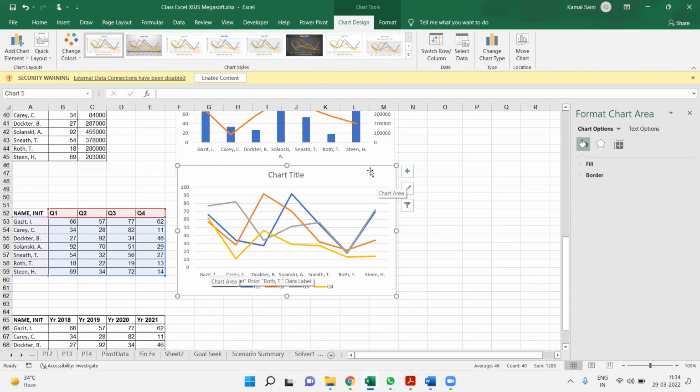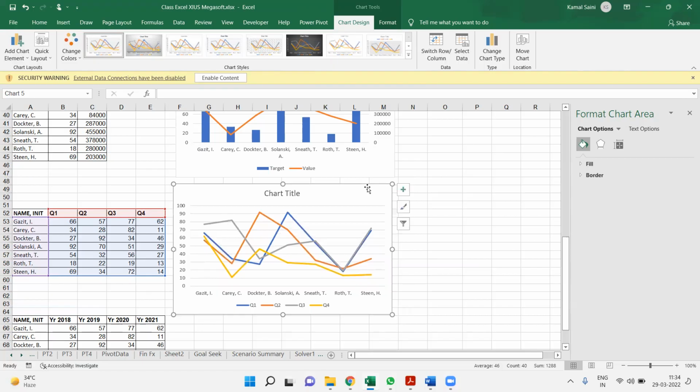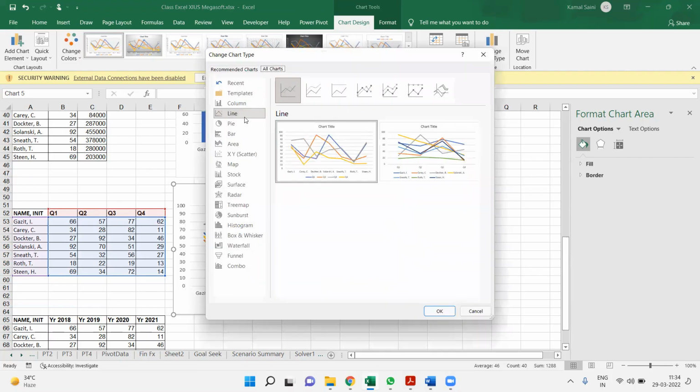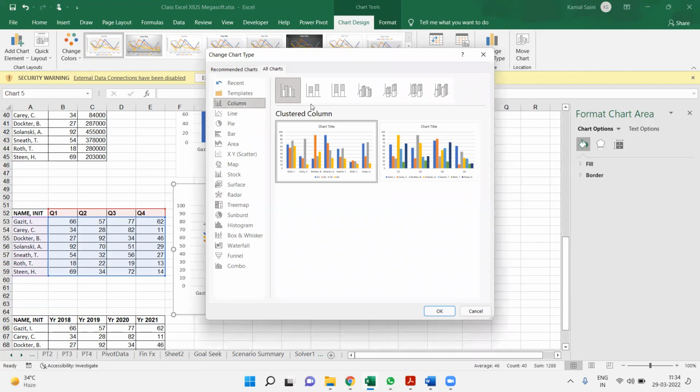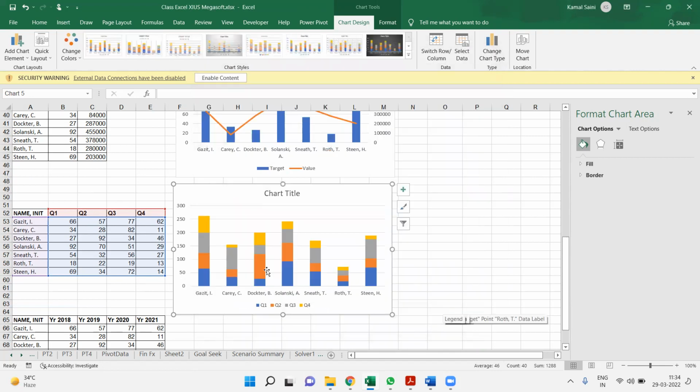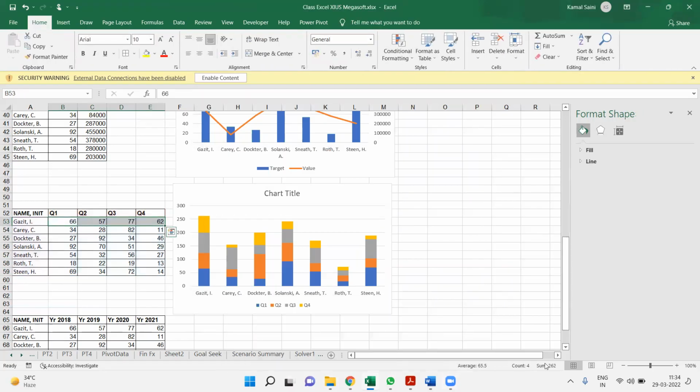But it doesn't give you much information, because all of these add up to my whole year business. So in those scenarios, I can go for a column, and there is another type of chart known as stacked column. What it means is, my overall business, when I add up all these numbers for this person, becomes 262.